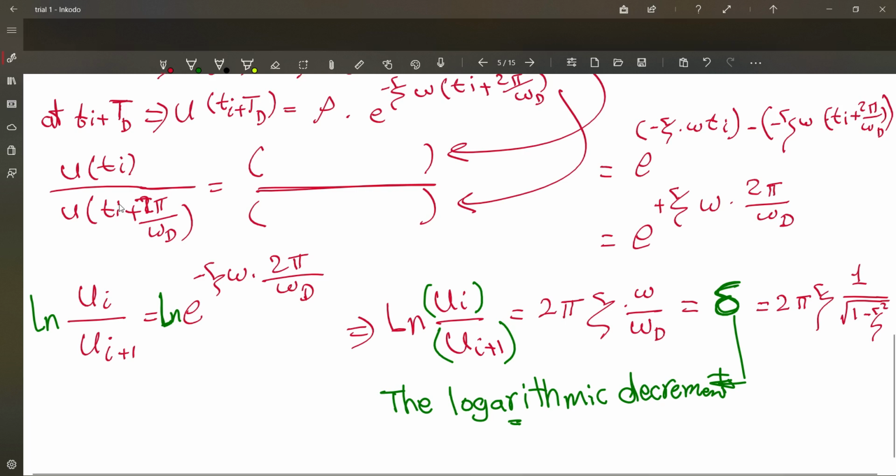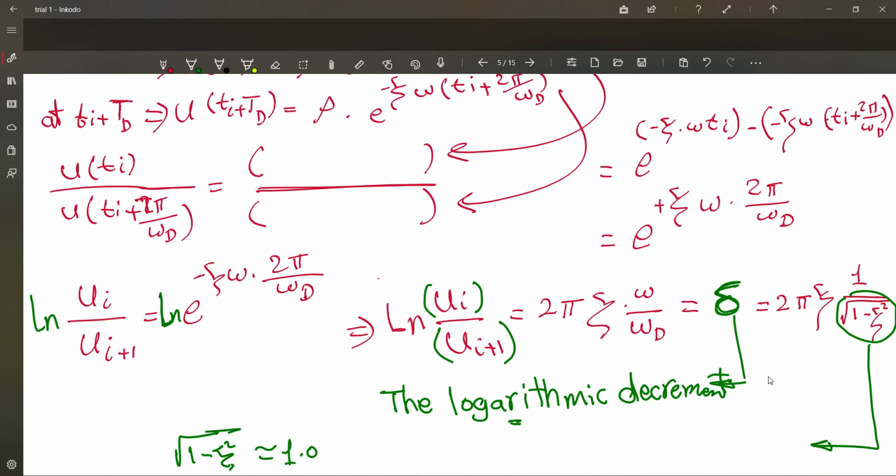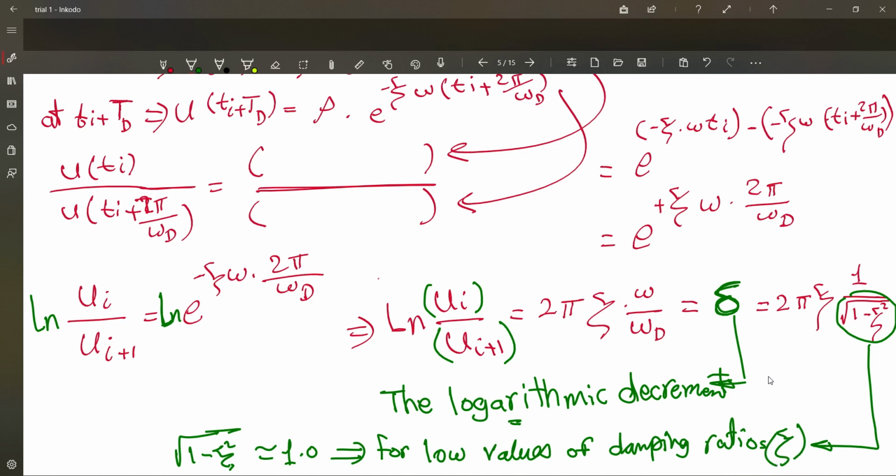Here we want to highlight that this denominator, the square root of 1 minus psi squared, is going to be almost 1 for low values of damping ratios. So it is going to be 1 for our case.